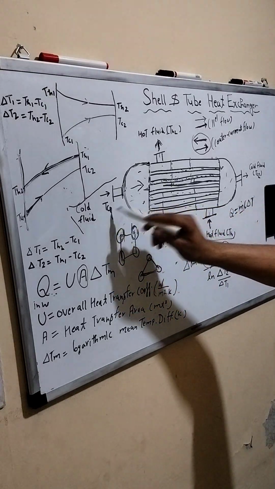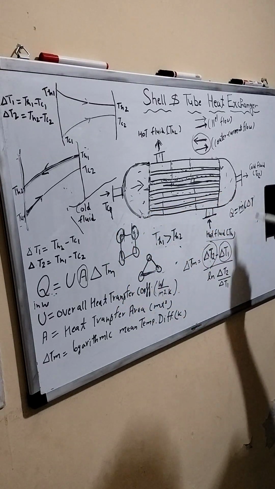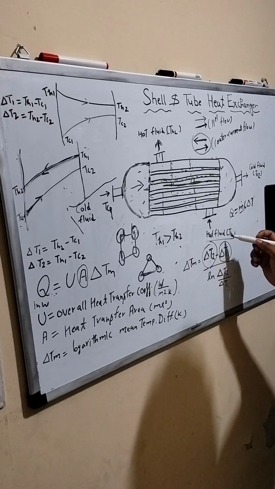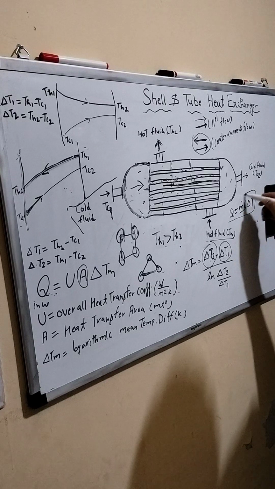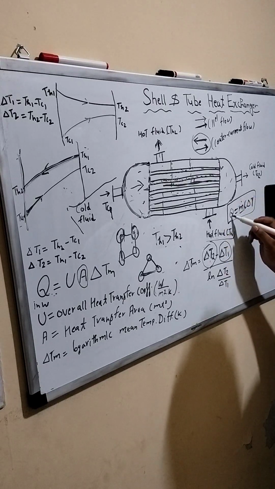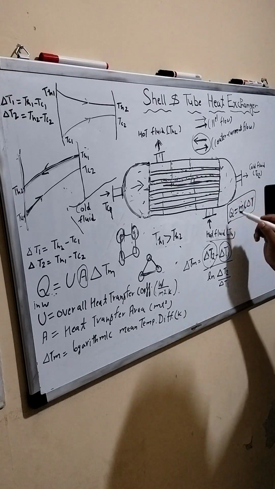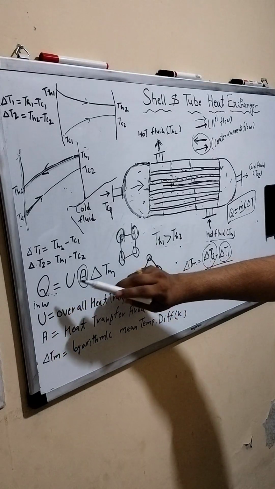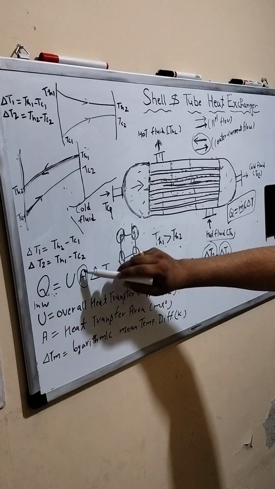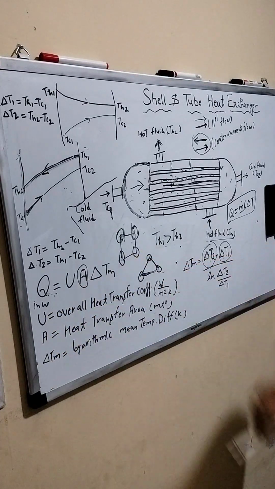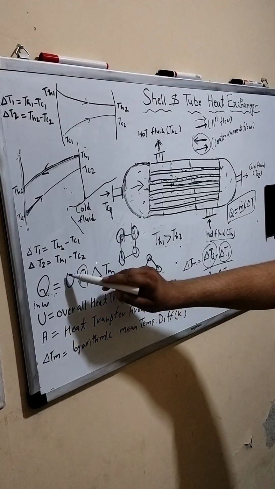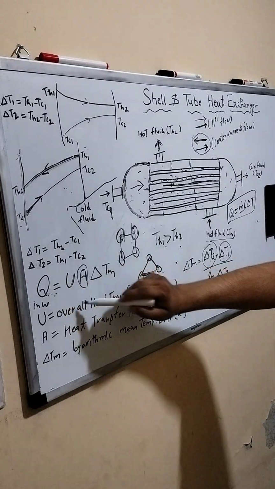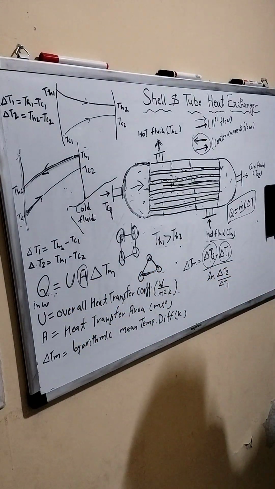In case of cold fluid, Tc1 minus Tc2 will be delta T. In case of hot fluid, it will be Th1 minus Th2. So with this formula you can calculate your heat load, put this value here, and with the help of this calculate the heat transfer area required, if the overall heat transfer coefficient is given.